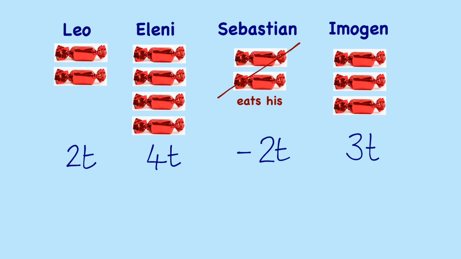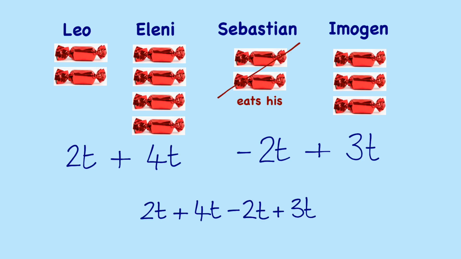Now we want to know how many sweets there are altogether, so we've got 2T here plus the 4T, and then minus the 2T plus the 3T. So I can write that down. I can say I've got 2T plus 4T minus 2T plus 3T.